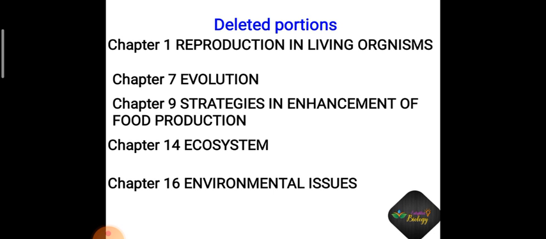Initially we had 16 chapters. Out of that, 5 are deleted. So there are going to be only 11 chapters for your CBSE board exam for the year 2020-21. For this academic year, it is going to be only 11 chapters from grade 12.